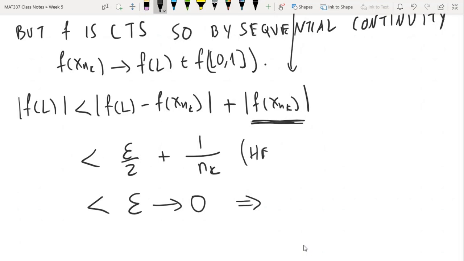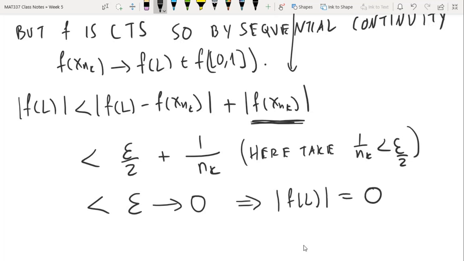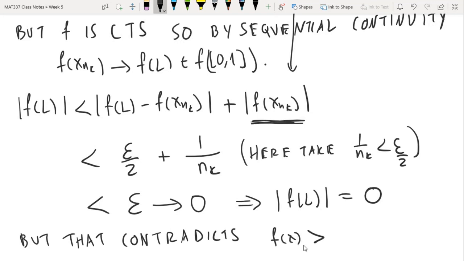Take 1 over n k less than epsilon over 2. So we get f of L is 0. But that contradicts f of x being strictly positive for all x in [0, 1].